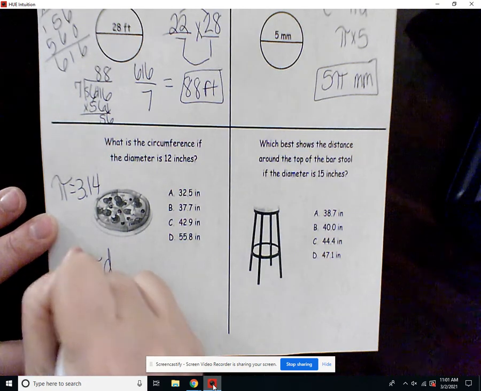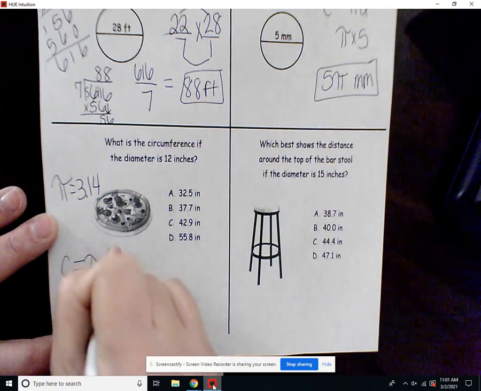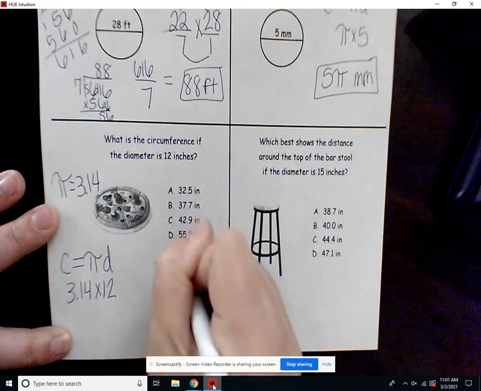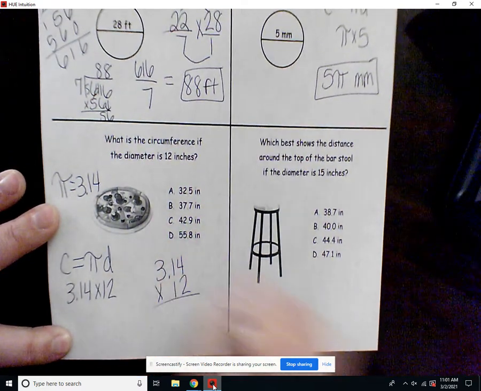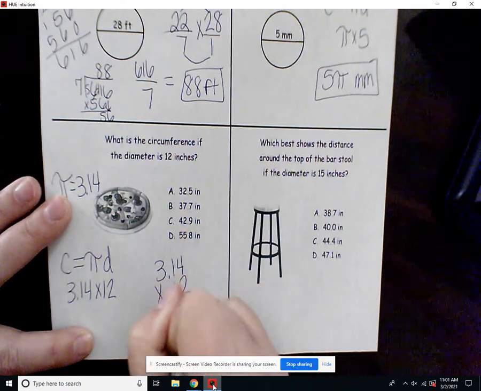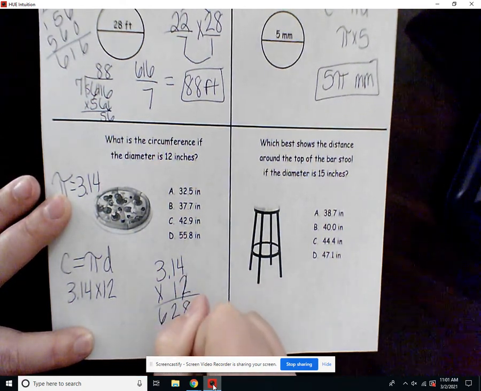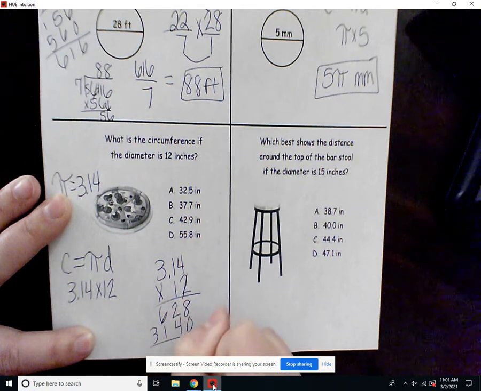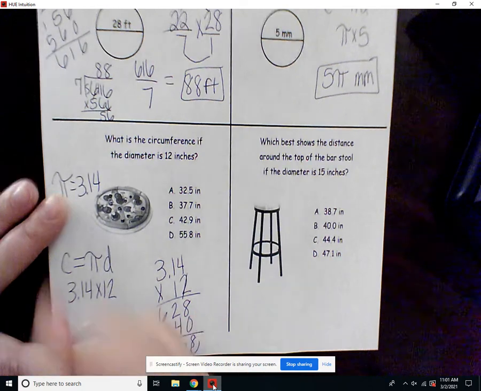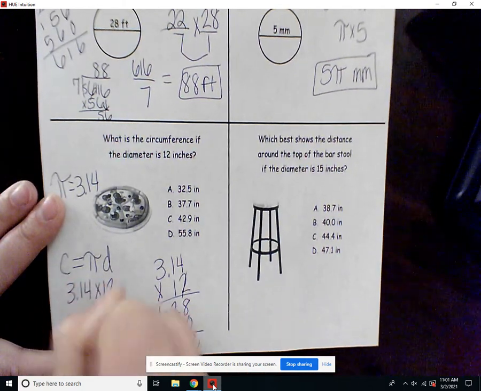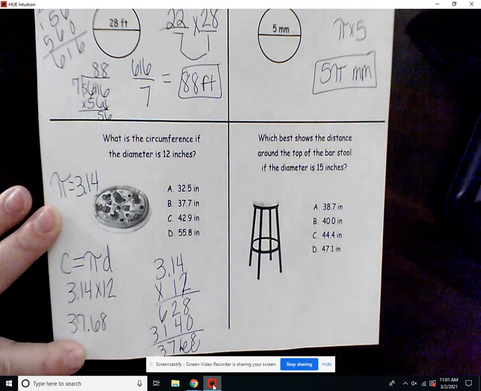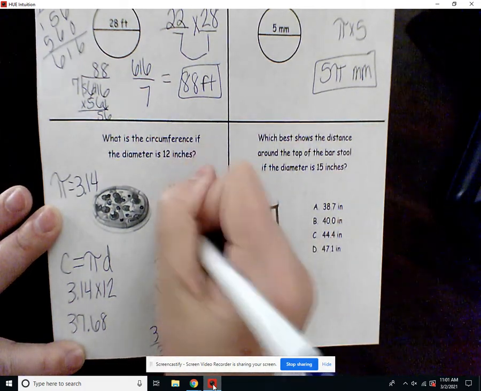So I'm going to have 3.14 times 12 for our circumference. So we get 37.68. And then again, that answer is not there, so find the one that's closest to it, which is going to be B.